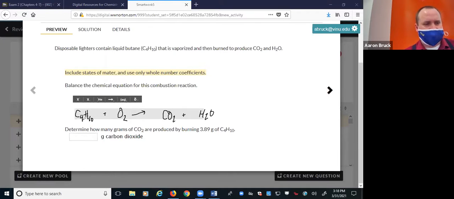First task is to balance this. If I balance it, I end up with a 4 for the carbon dioxide, a 5 for the water to give me 10 hydrogens. This in turn will give me 4 times 2, which is 8, and 5 times 1, which is 5, for a total of 13 oxygens.